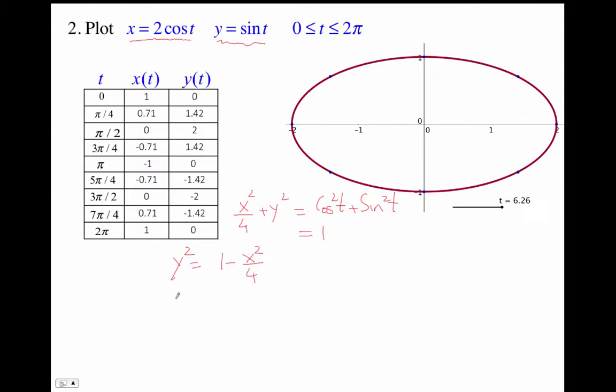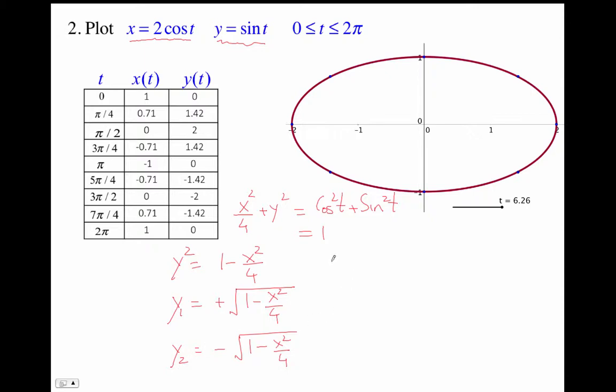This has, of course, two solutions. y can be either plus square root of 1 minus x squared over 4, or y can be minus square root of 1 minus x squared over 4. Now, these are actually two different functions, and I haven't done well by writing the same symbol over here. Actually, I should write y1 and y2.